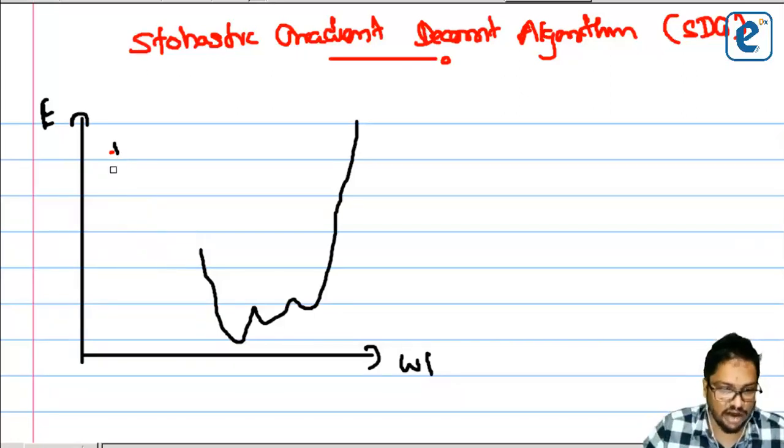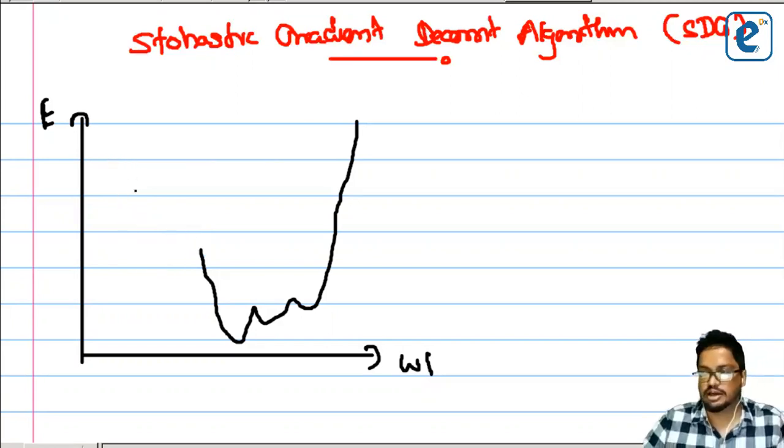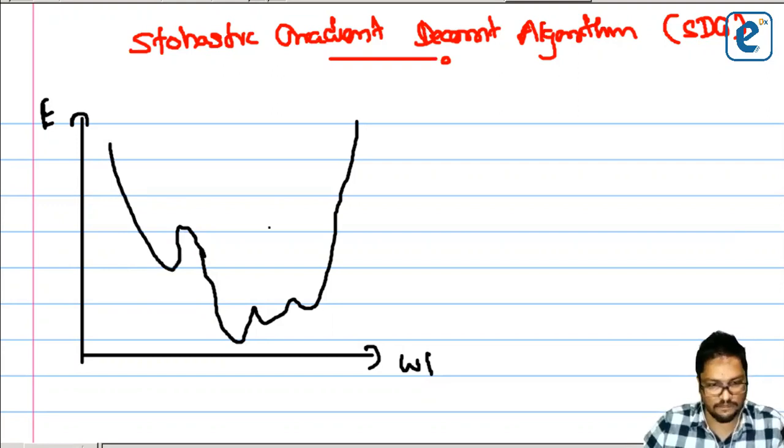It's not like a careful man. It's like a drunken man, right? Stochastic gradient descent is like a drunken man.